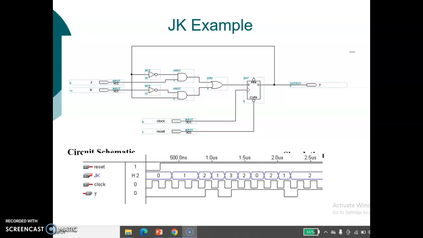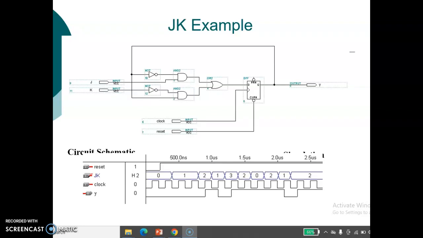Here this place is 500 nanoseconds, here 1 microsecond, here 1.5 microseconds, here 2 microseconds, here 2.5 microseconds, and so on. Reset 1, then after reset it will be 1.